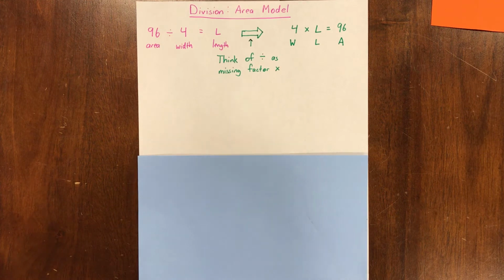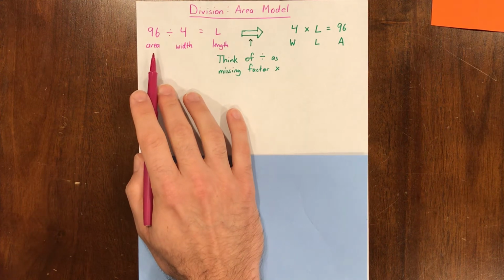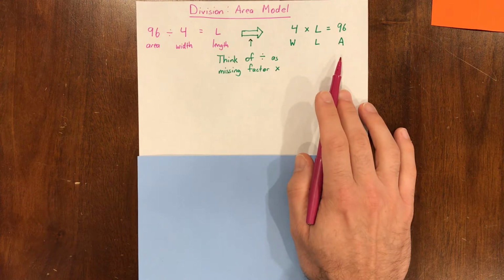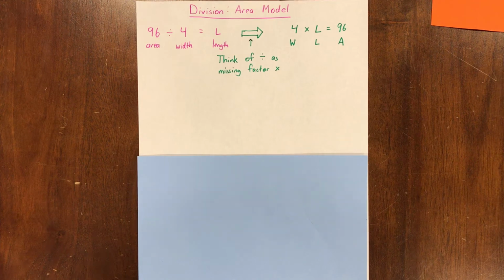Yeah, the dividend right here, this is already in this problem, is labeled as the area, but even if it wasn't, the dividend would become the area in the multiplication number sentence we're thinking of to find our quotient, because the dividend is the total, and the area is the total amount of space covered by the rectangle.